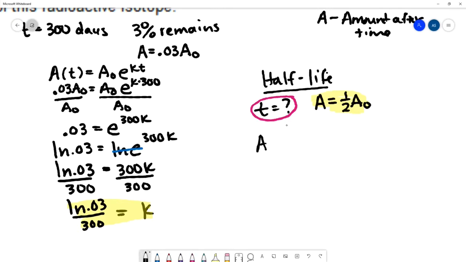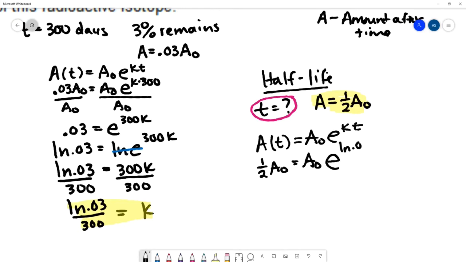So once again, let's start with our formula. A of t equals A naught e to the kt. We're looking for half-life, so we're going to have half of our starting amount. And we know the value of k is natural log of 0.03 over 300, and we're solving for time.